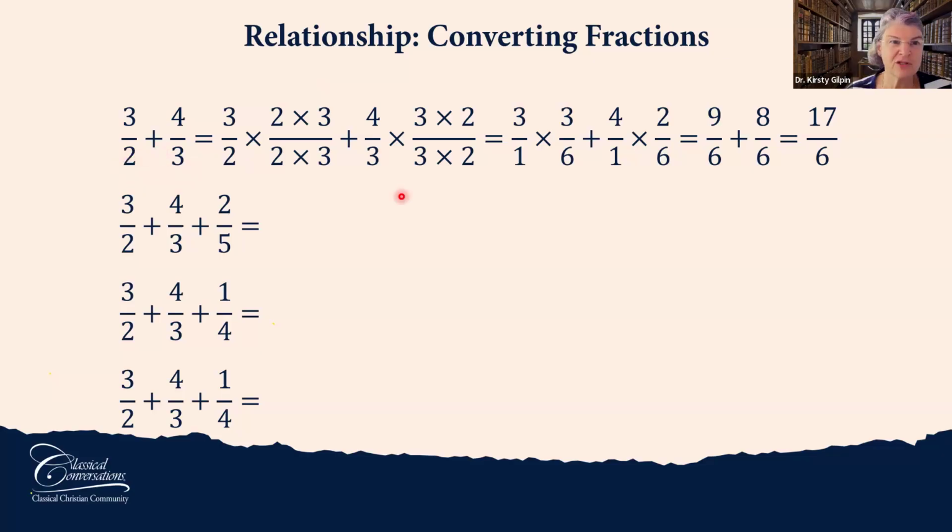If my new unit is 2 times 3, then my numerator has to be 2 times 3. Then I have 4/3. It had the third, but it also needs a half. It has to have both units in my new units. So it's going to be 3 times 2. If my denominator is 3 times 2, my numerator is 3 times 2.